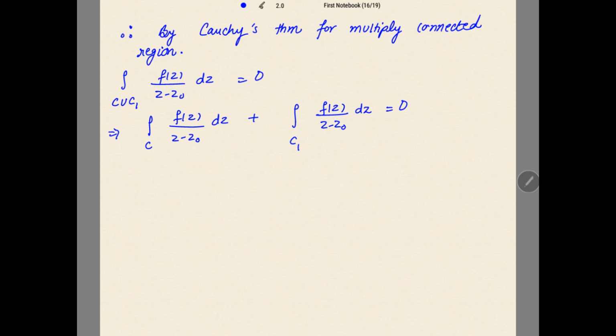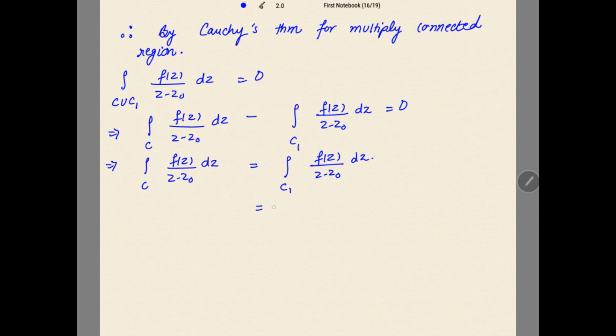Now this sign will change to negative because of the opposite orientation of C1 with respect to C, which implies the integral over C of f(z) over (z minus z naught) dz is equal to, taking this on the other side, the integration over C1 of f(z) over (z minus z naught) dz.